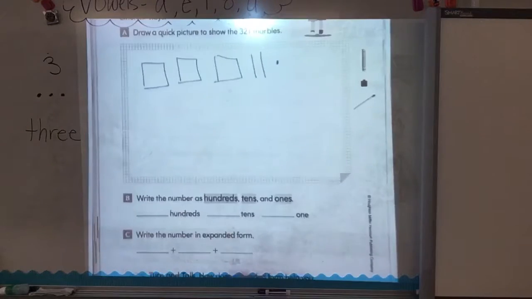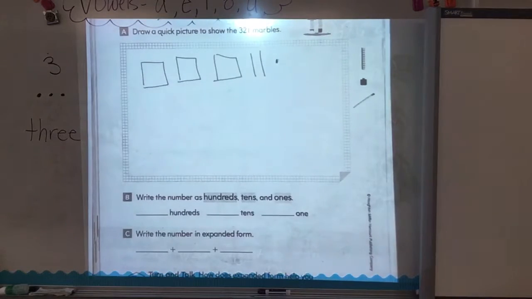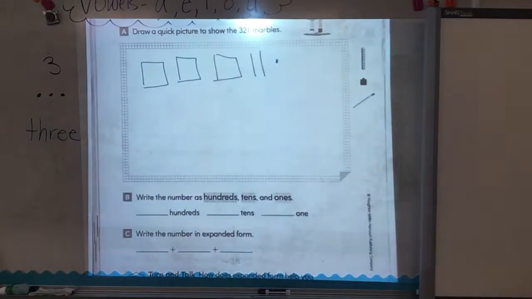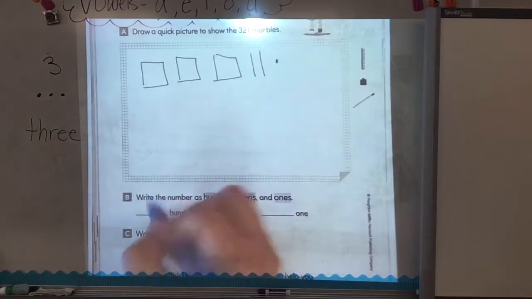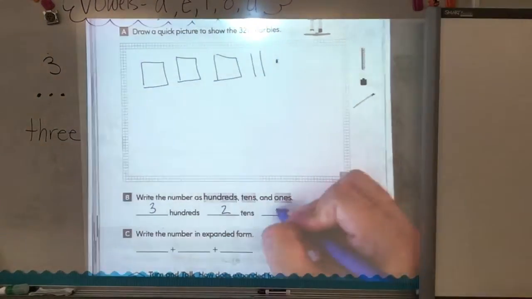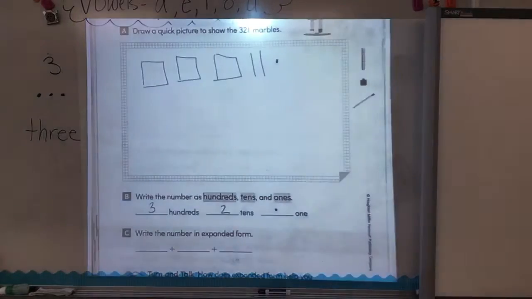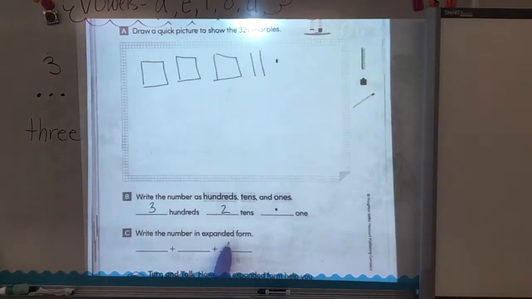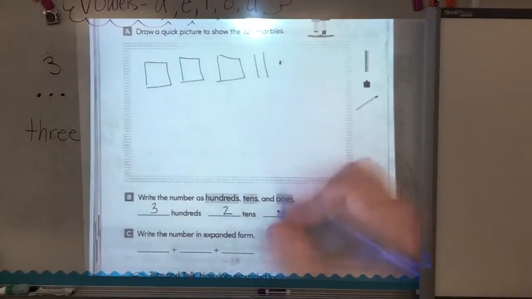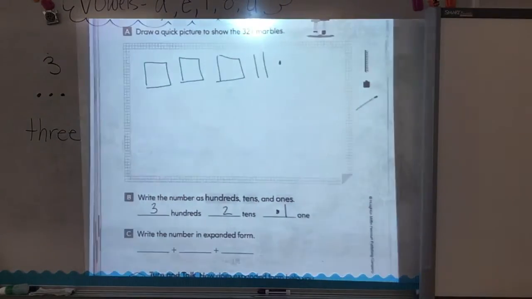Then as you move down, it says write the number as hundreds, tens, and ones. That's asking when I gave my representation, how many hundreds did I make? I made 3 hundreds. I made 2 tens, and I made 1 one. When I ask for expanded form, I'm asking for the value of these numbers.